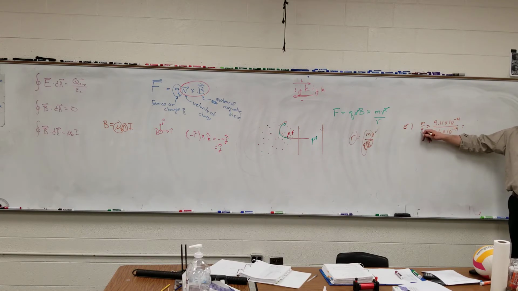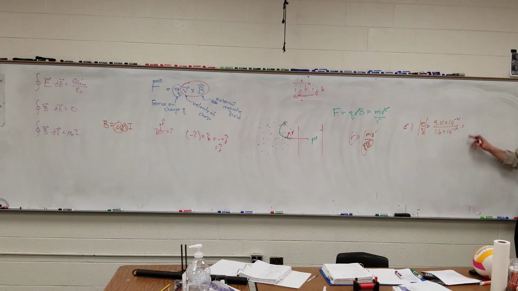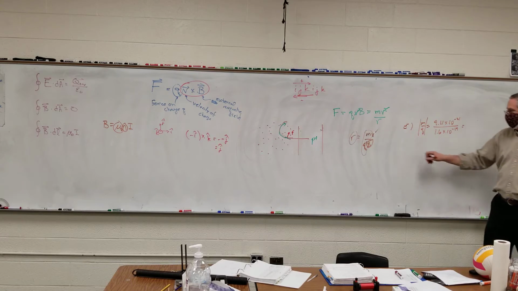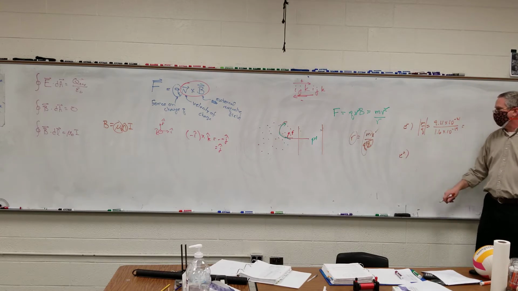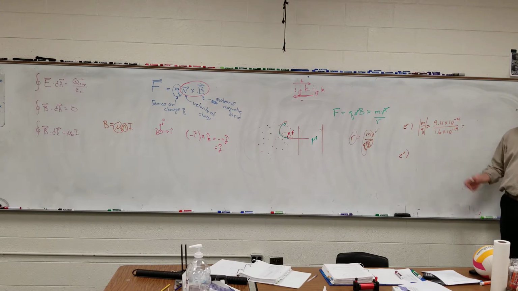I'm doing magnitude at the moment; I'm going to bring in the negative in just a second. And so this is some number. If I'm dealing with a positron, mass to charge is going to be pretty much the same thing. There are some subtle differences there, but probably not for this type of thing.